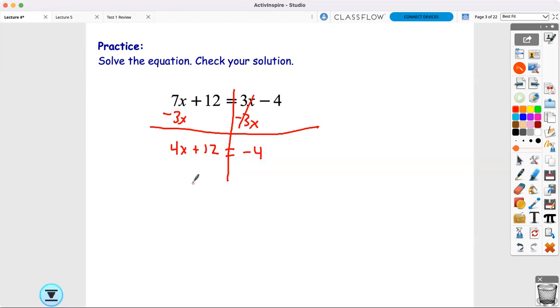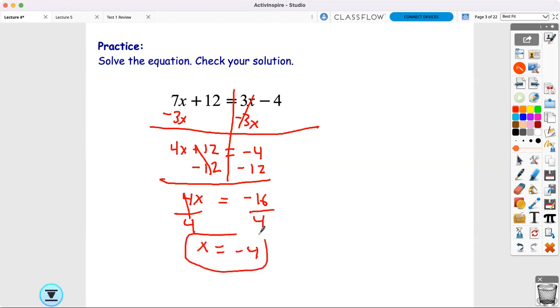Good. Then I subtracted 12 to get it on the other side. Good. And then I got -16 on the right side. Good. And then 4x, and then I divided, and I got -4. Great. That is great job, Sarah.